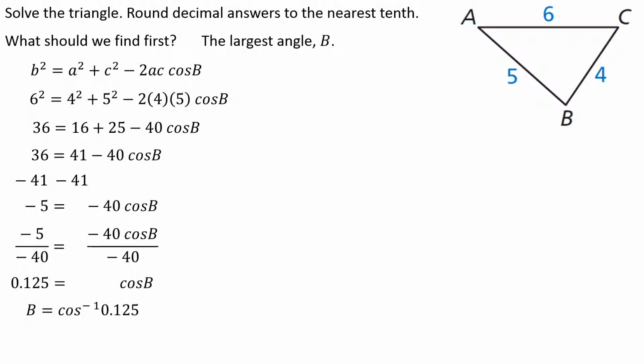So I know when I do the inverse cosine, I'm going to get a value less than 90, because if we're more than 90, cosine comes up with a negative value. If we're less than 90, cosine comes up with a positive value. So if I start with a positive and do inverse cosine, I know that the value will be less than 90.